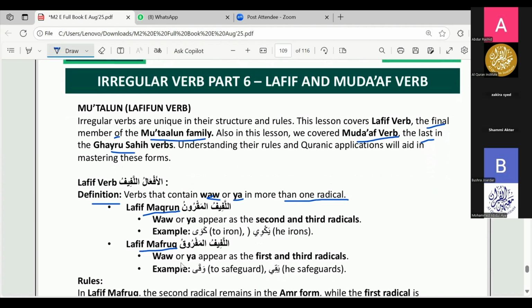Mafruk, like farak, distance, apart from each other. Lafif makrun is where waw and ya appear as the second and third radicals, close to each other, and lafif mafruk is where waw and ya appear as the first and third radicals.